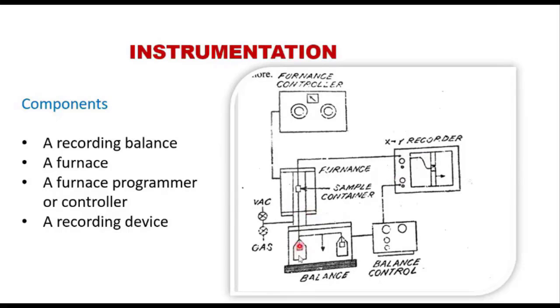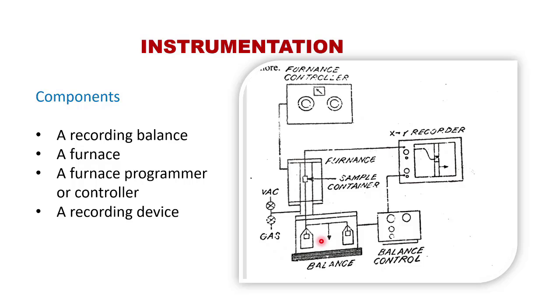Here the balance is very sensitive, and on one side you have the sample. In this figure, this is how it is shown. Here you have the sample container, which is taken inside the furnace, and depending upon the weight loss in the sample container, this pan will go up or down. And here you have a reference.